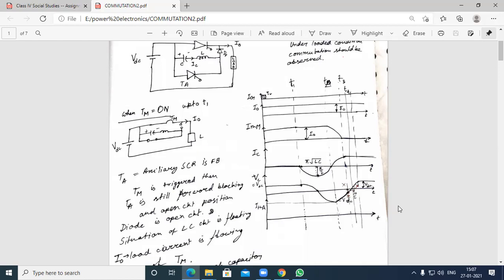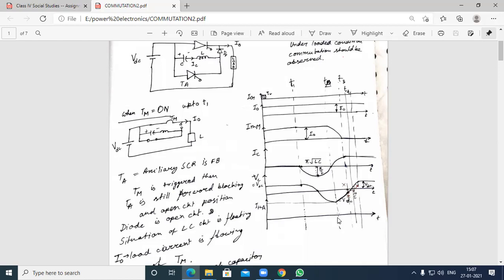This is the current commutation circuit. At T3, the main thyristor is turned off. Now the load current is flowing through the LC circuit, and it is a constant current, that is I naught. So now the inductive voltage is VL equal to L di by dt, and that is equal to 0.